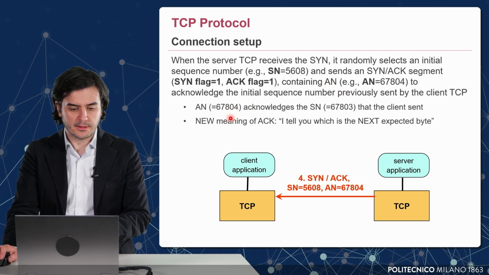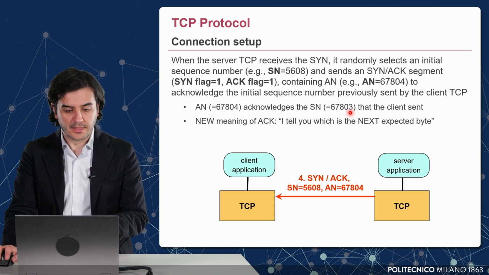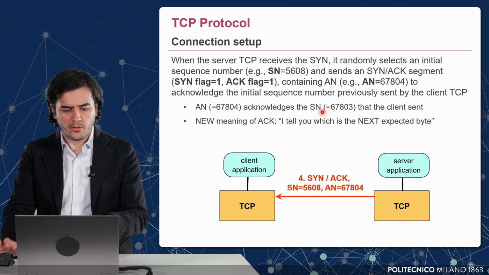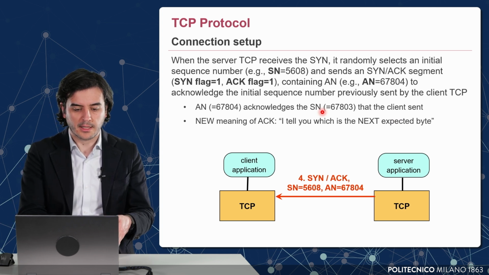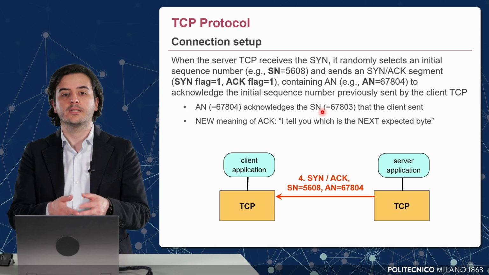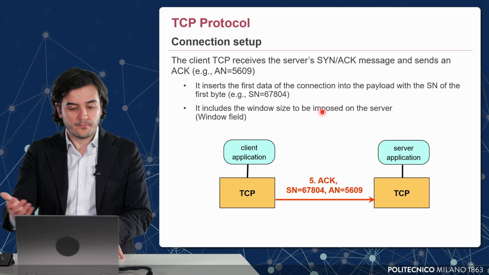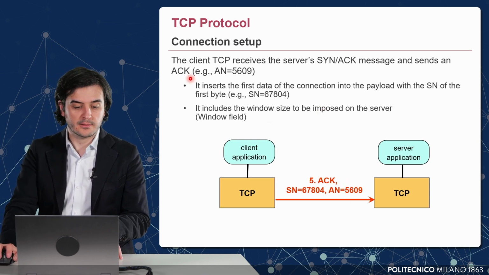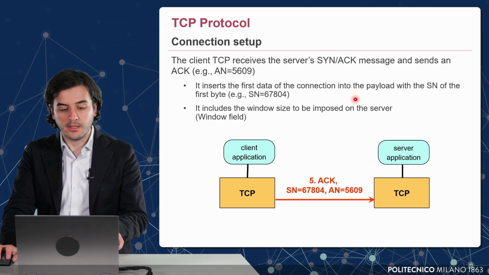In this case, it is 67804, and the sequence number was 67803 on the side of the client that has been sent before. So the whole idea is that the acknowledgement sent from the server to the client is saying that I know which is the next byte that you should transmit.